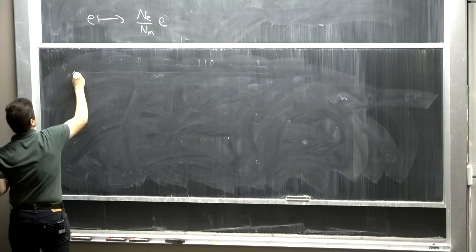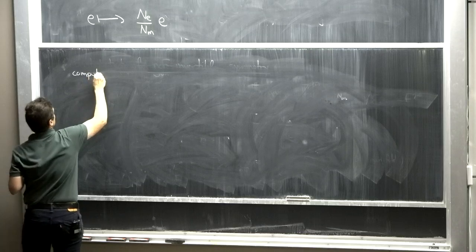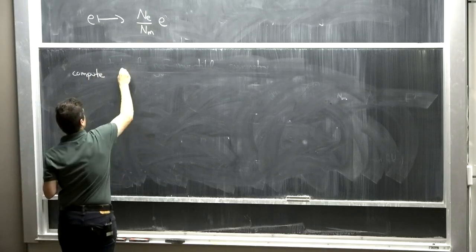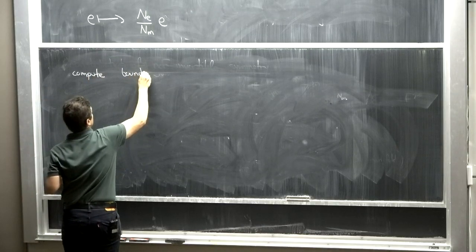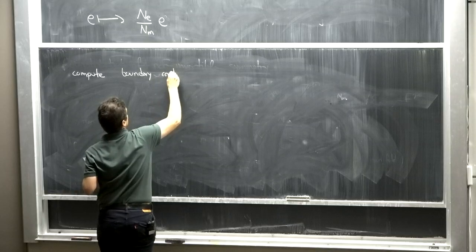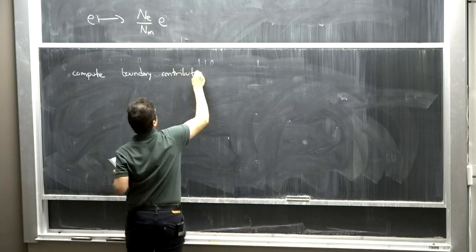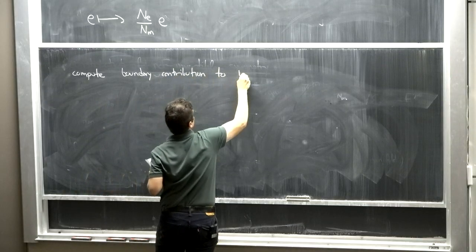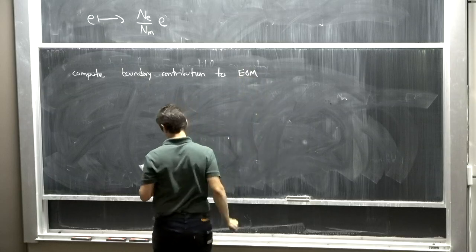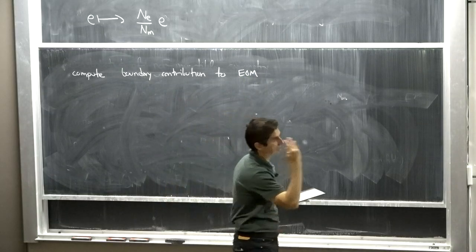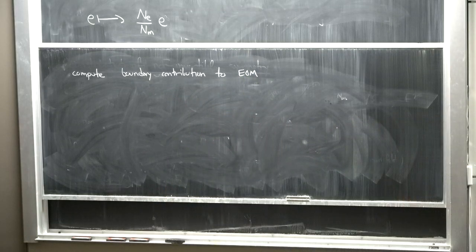So I'm going to compute the boundary contribution to the equations of motion. Right, so there's a defect, a kind of boundary on the left and the right. So integration by parts is more tricky. We got to keep track of it.